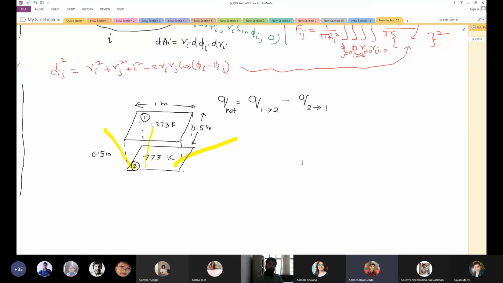So how will you find the view factor? Okay, so you open your textbook. Yes, sir, from the table, right? You got the table? Yes, sir. Yes, good. So from there you will find. It will sometimes be easier to read the chart rather than calculating it from the table.